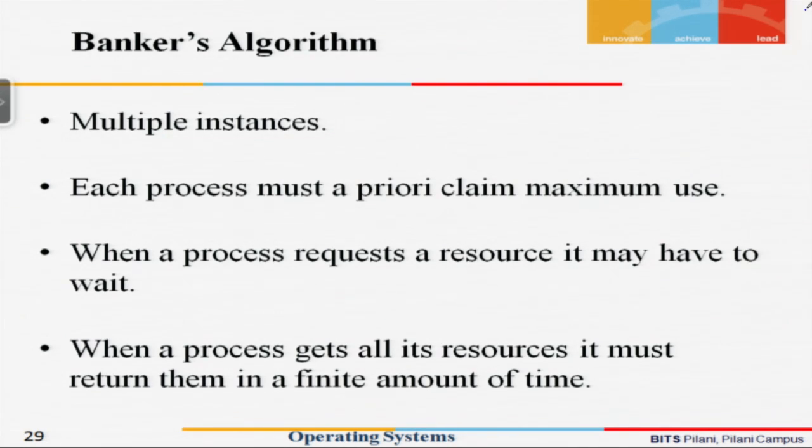And when a process gets all its resources, it is assumed that the process would execute, complete its task, and after completing its task, return all the required resources in a finite amount of time. Meaning to say that a process would get the resources, and on completion of its work, it will faithfully return or release all the resources.